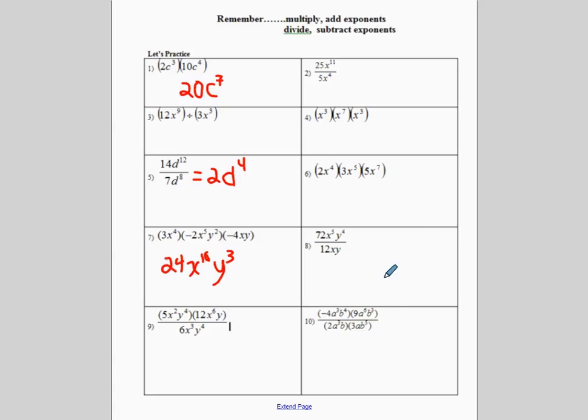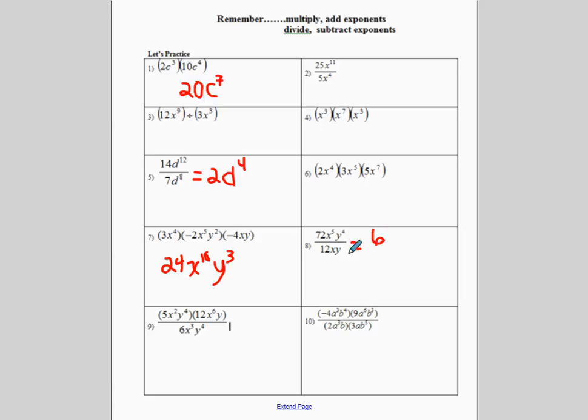Last example I'm going to do with you is number 8 here. 72x to the 5th y to the 4th over 12xy. We know 72 divided by 12 is going to get me 6. So I'm going to have a 6 up here.